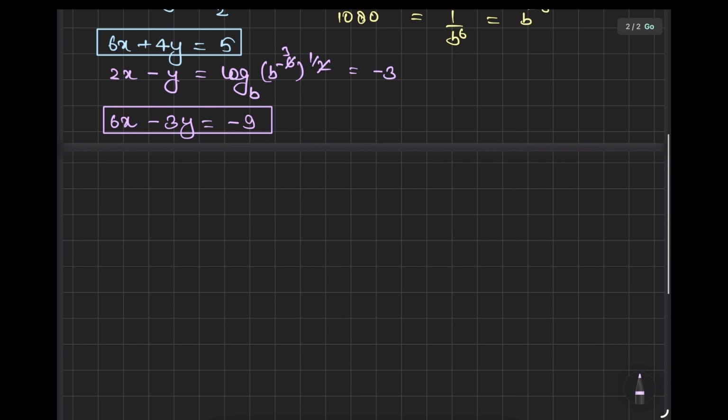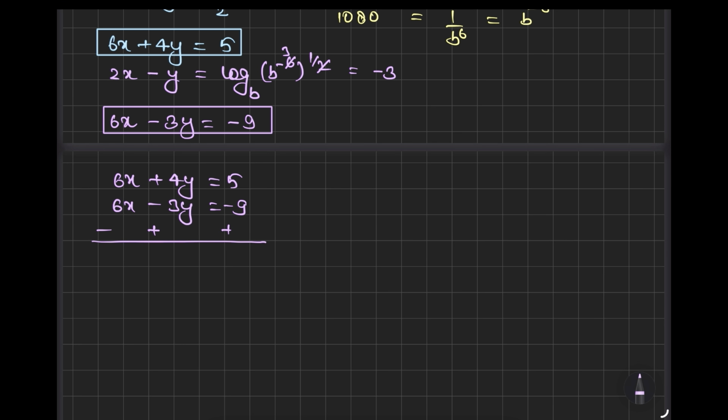Now what we'll do is subtract equation 1 and equation 2. So it is 6x plus 4y equals 5, and 6x minus 3y equals minus 9; minus, plus, plus. So it is 7y equals 14, so y becomes 2.